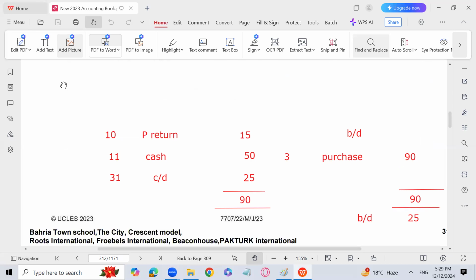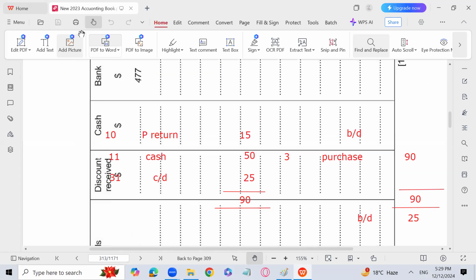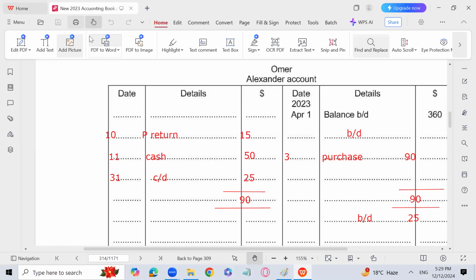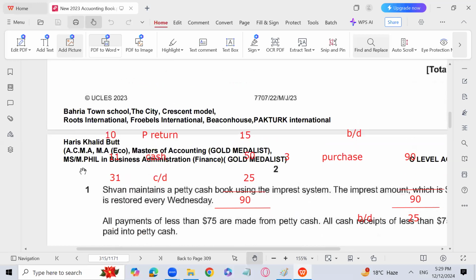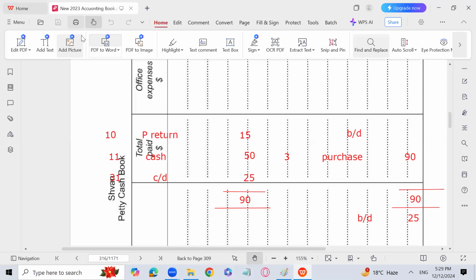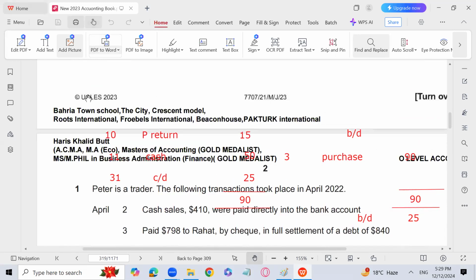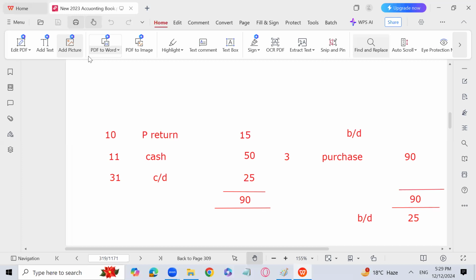Next questions you have to attempt on your own: May, June 23, 22. You will do them at home, and all other questions, especially those which have come recently, like May, June 23, 22, and this question also, May, June 23, 21. That is from the petty cash book. Maybe I have done this question with you.